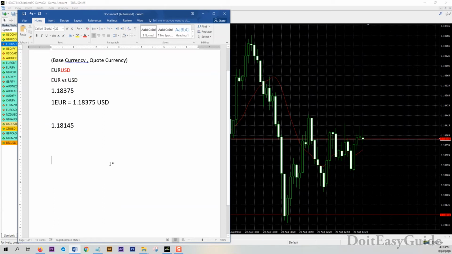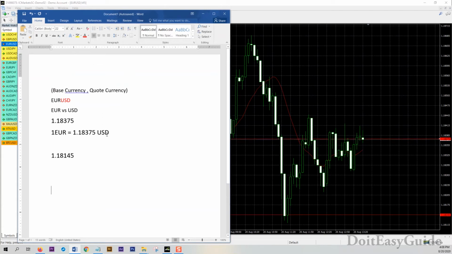So what you have to understand is, when euro gets stronger, the price should go up, right? When USD gets stronger, that means the value is getting bigger, and this price should go down. So that's how it works.